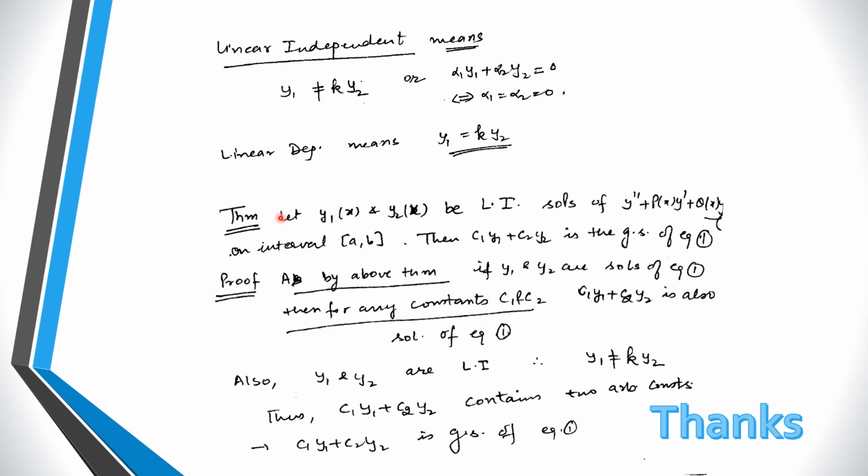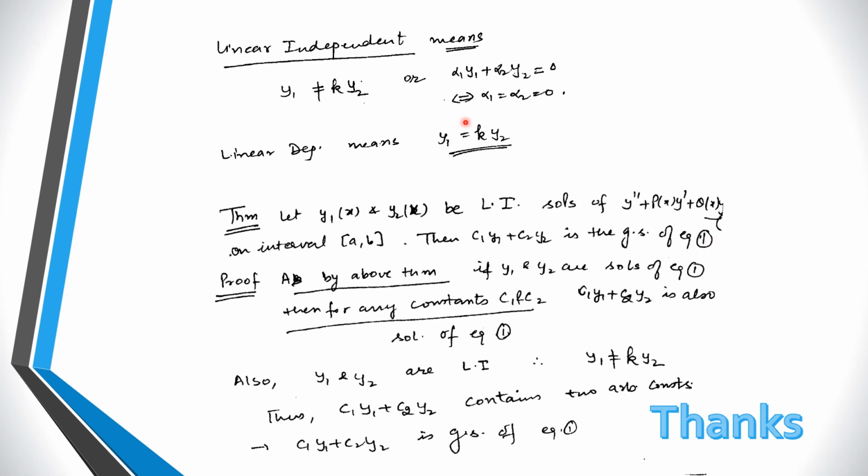Based on this we have a theorem. This theorem says if y1 and y2 are linearly independent solutions of the second order homogeneous differential equation, where the equation is equated to 0, and call this equation 1, on any interval (a, b), then c1 y1 plus c2 y2 is the general solution of this equation.